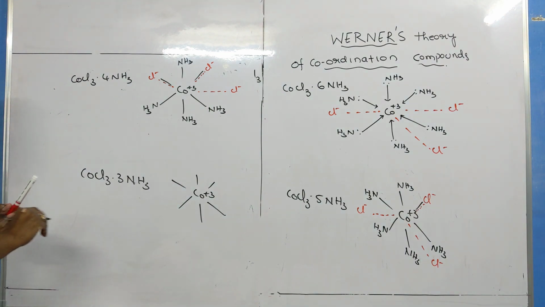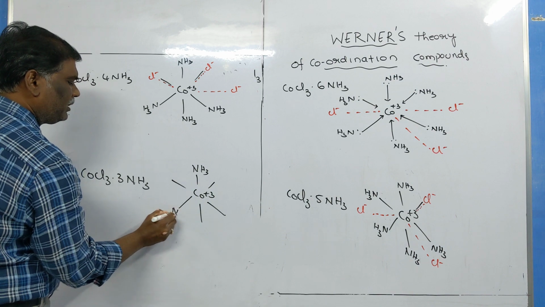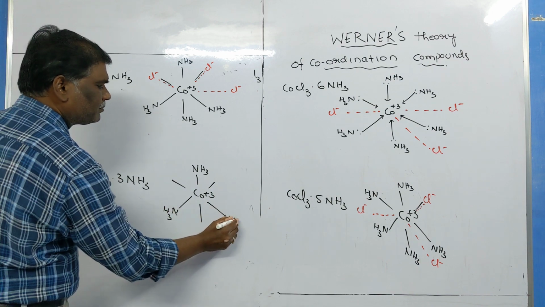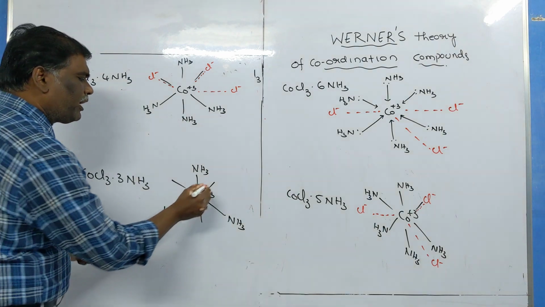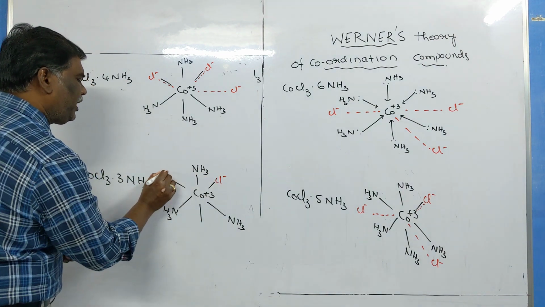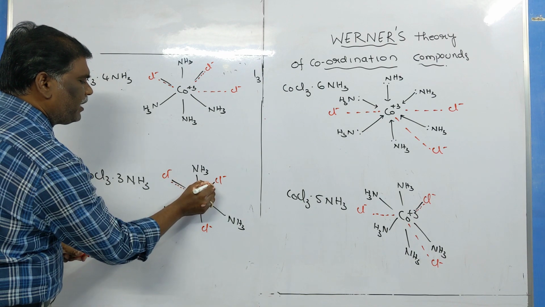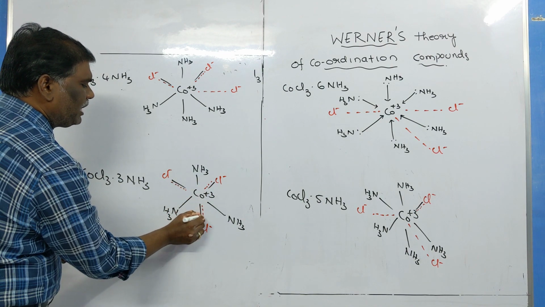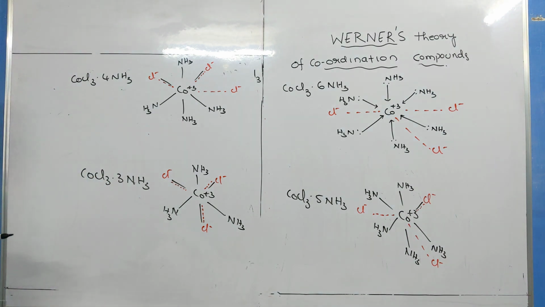In the last case, there are 3 NH3, while the 3 chlorides are satisfying both primary valency and secondary valency.